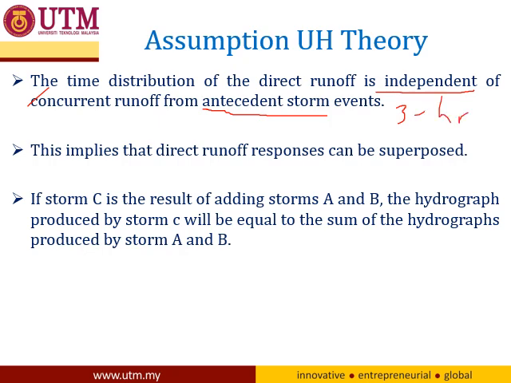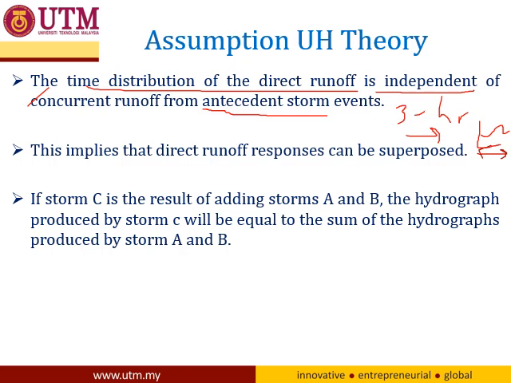A 3-hour excess rainfall storm will produce some type of unit hydrograph. So the time distribution of the direct runoff, or this hydrograph, is independent. It's not related to the next storm.